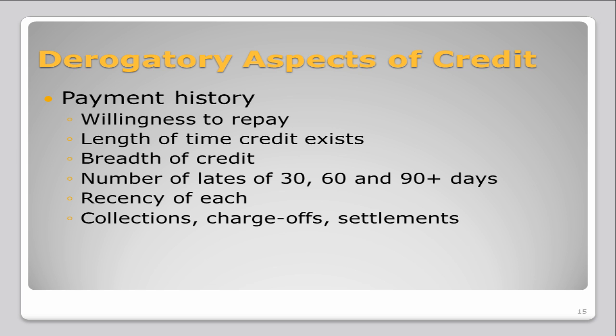Before I go to the questions, I'm going to finish up this slide talking about the collections, charge-offs, and settlements. Any type of full default on paying somebody what they were due is going to be called a charge-off. What happens there is the creditor is saying, I no longer believe that you'll ever pay me, so I've written it off, and it's now considered uncollectible.